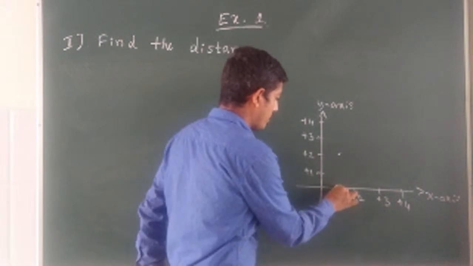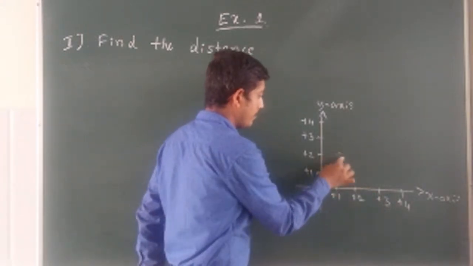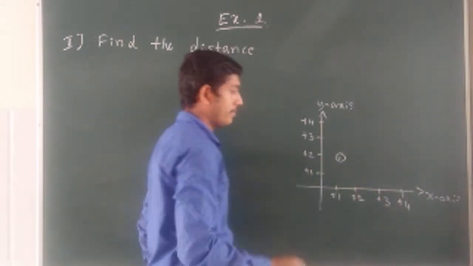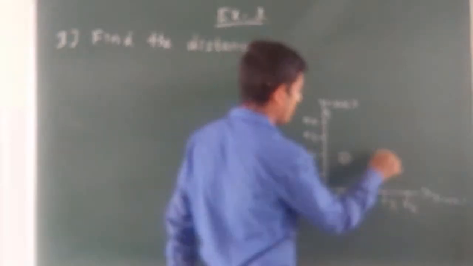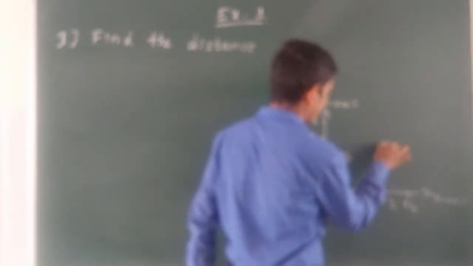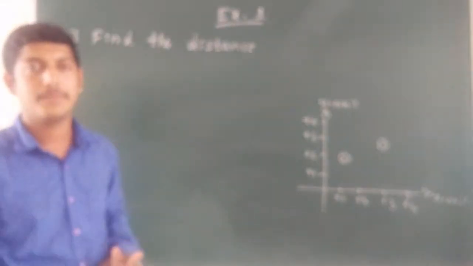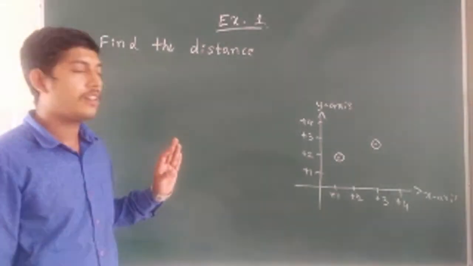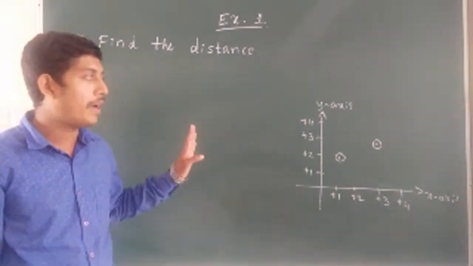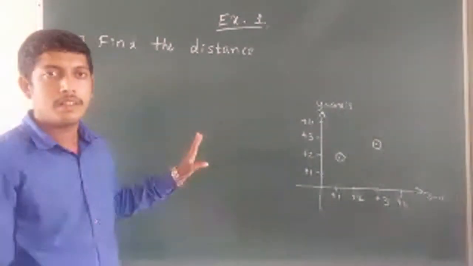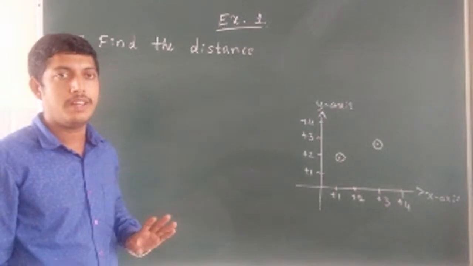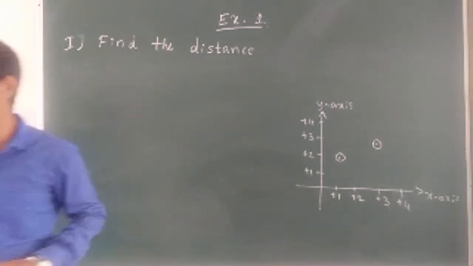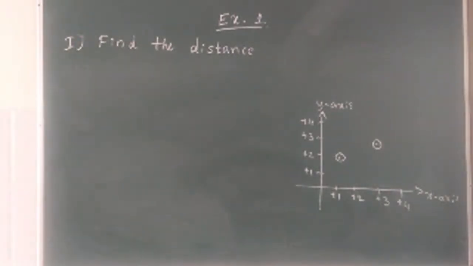If one point is given, for example, I will consider this as one point and this as another point. Similarly, 4 points are given in the diagram and they do not give the values. By using the diagram we have to find the points. Just look at the graph in your textbook, figure 7.2.